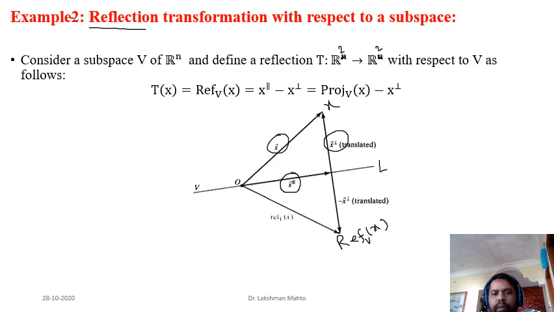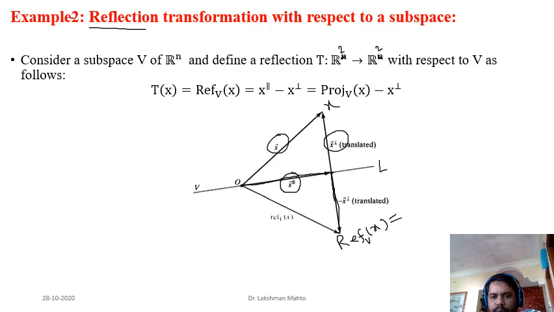Now you have enough idea to decompose x into two parts. One is the projected part, and we have enough idea about x perp. Sorry, this one is the x perp part. If you consider this line as a reference line, this one would be negative of x perp.